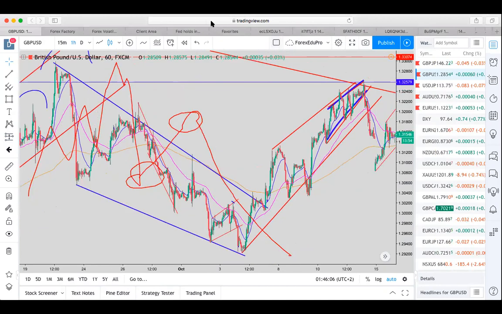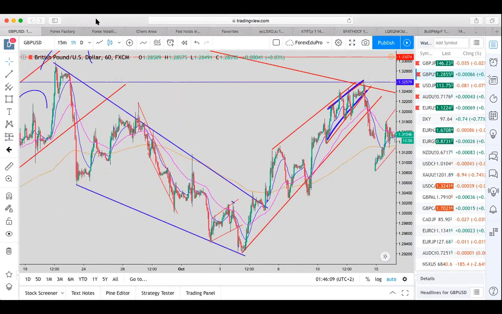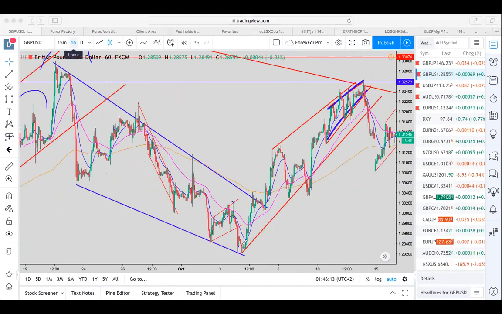We then had this buy over here. So even if you did not take that buy, we had the break, the sell, the buy. Can you see?